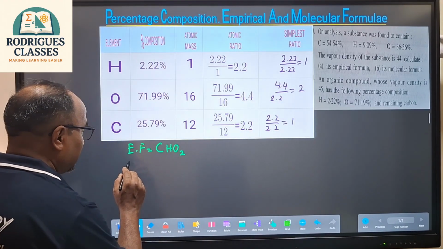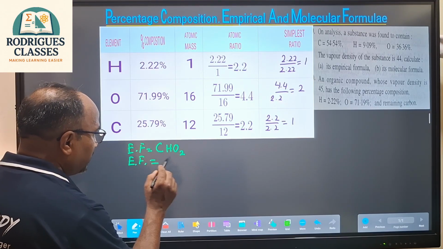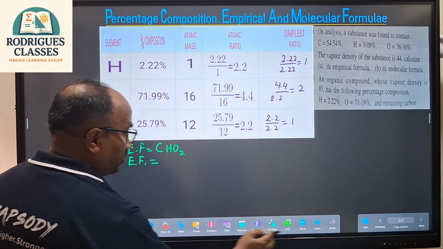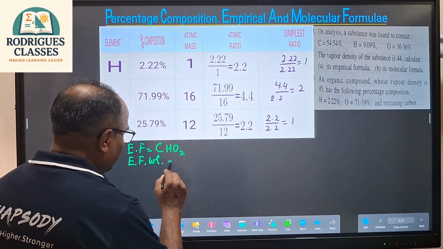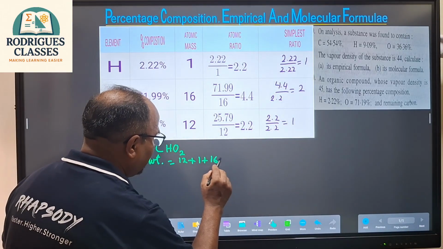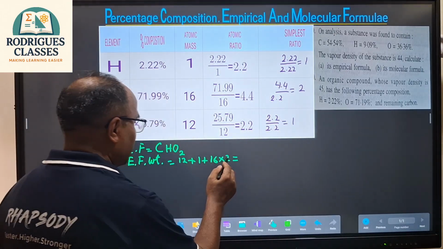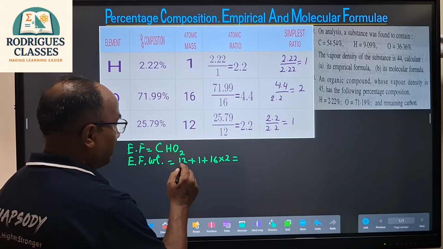We find the empirical formula weight, which we will be needing. So empirical formula weight will be 12 plus 1 plus 16 into 2. So 16 into 2 is 32, 33, 45.